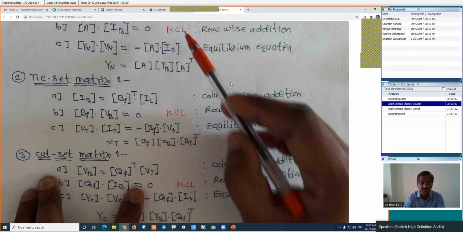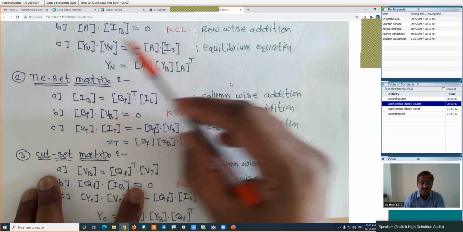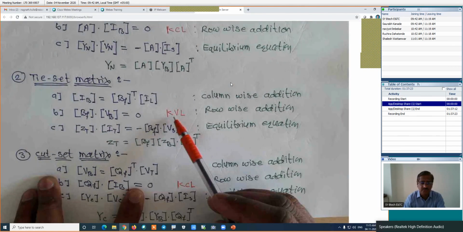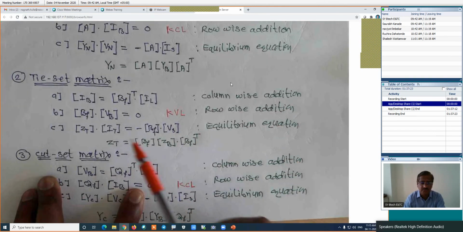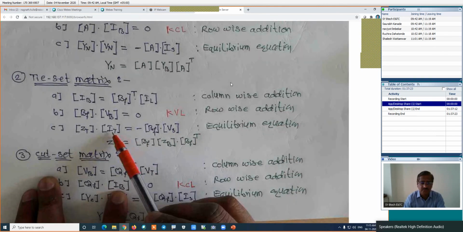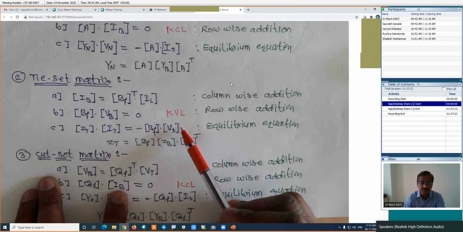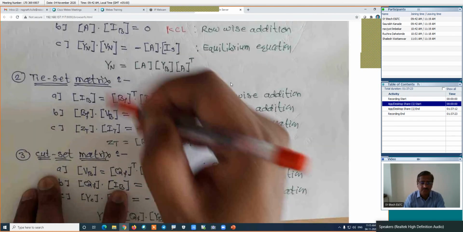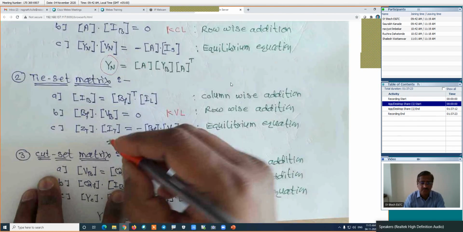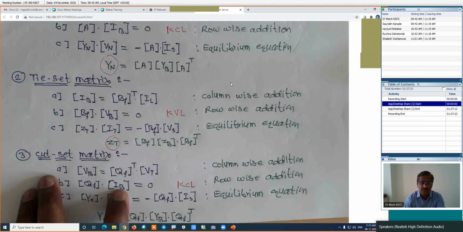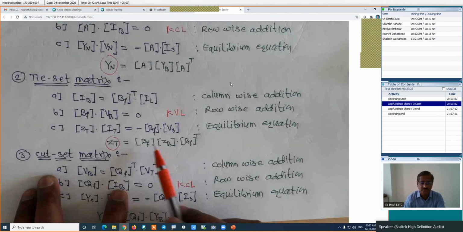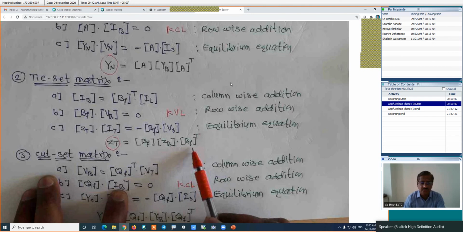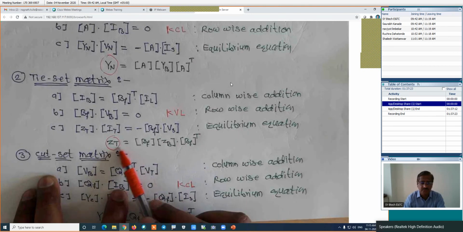This is KVL, row-wise addition; here was the KCL, A into IB, and BF into VB is KVL. In this case, the equation is Zt into IT equal to minus BF into VS, where Zt is the impedance. Here was the admittance, here is the impedance. BF into ZB into BF transpose is the value of Zt.